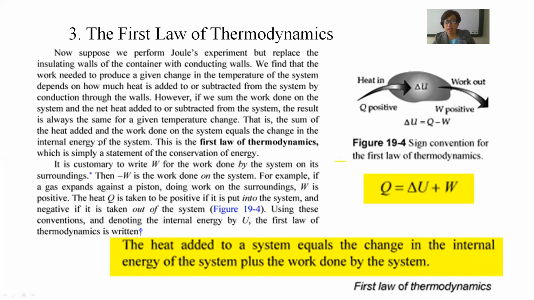The sum of heat added and work done on the system equals the change in the internal energy of the system. This is simply a statement of the conservation of energy.